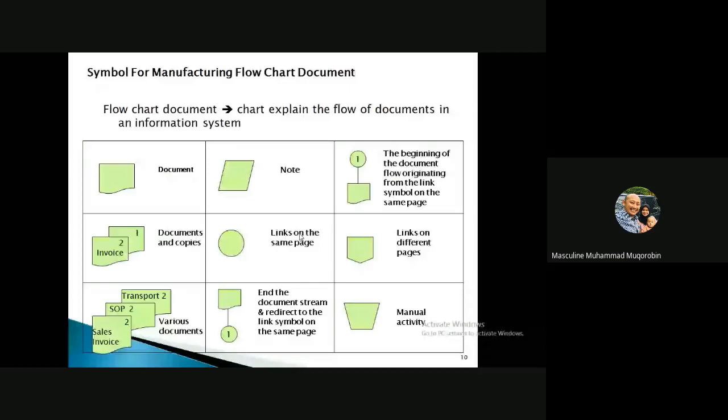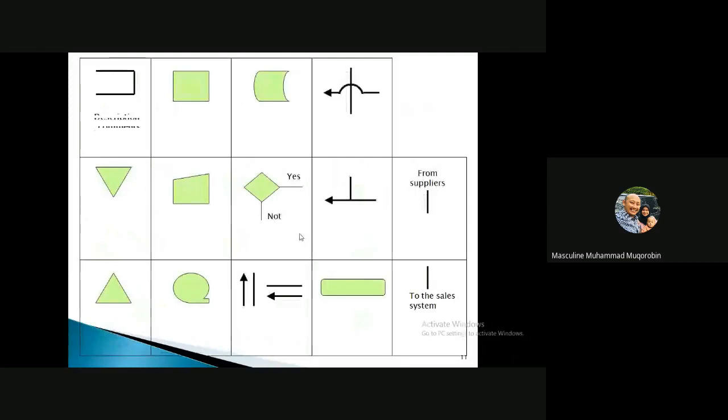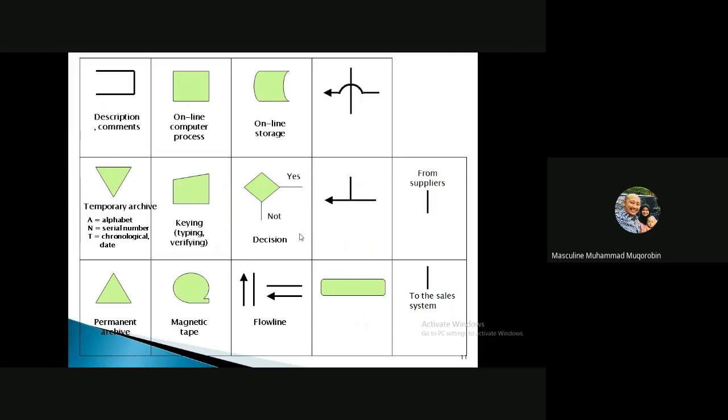Manual activity indicates a sequence of commands that will continue to repeat until stopped manually. Description comments represent that the writer can comment or add the description of the flowchart.